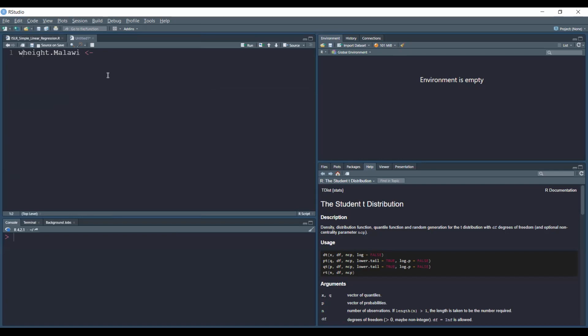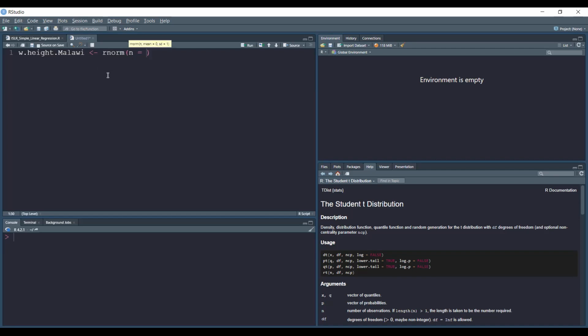So we'll do women's heights in Malawi, and we have our data, and the data would suggest perhaps that the distribution of women's heights in Malawi in a specific decade, I don't know, in the 1990s, follows a normal distribution, and I can just generate maybe 100 of these heights.